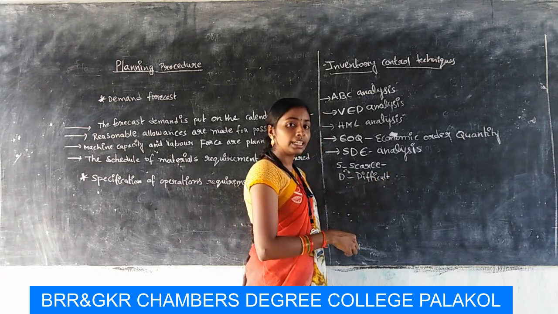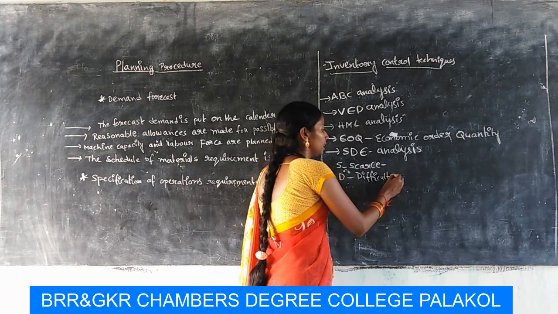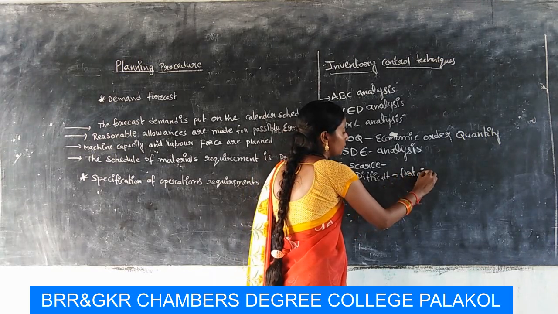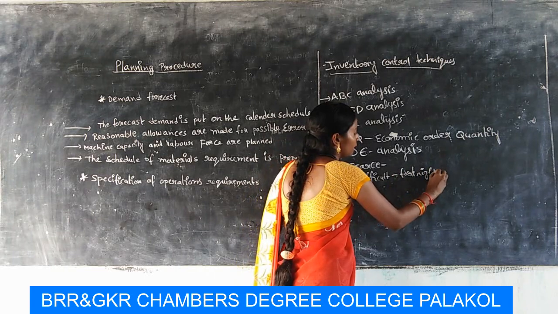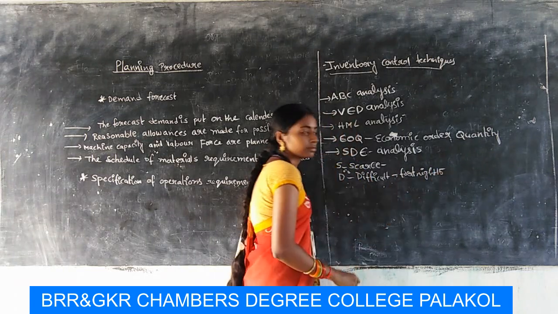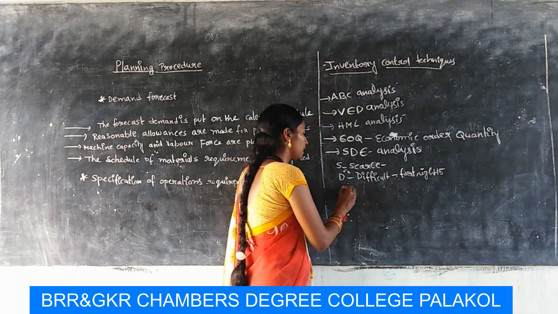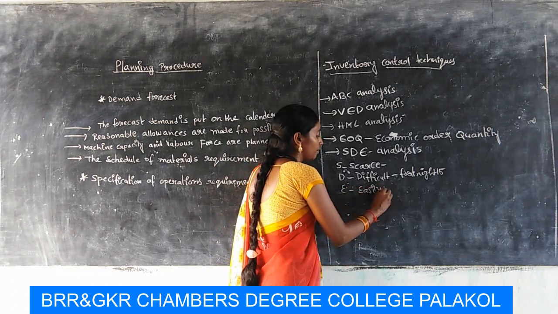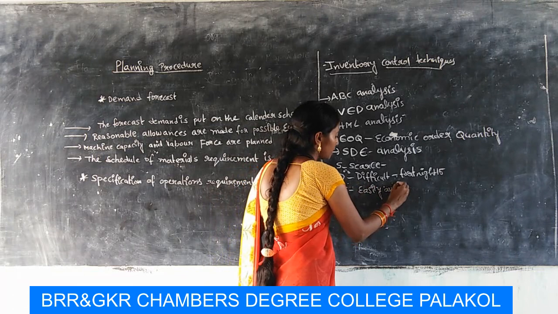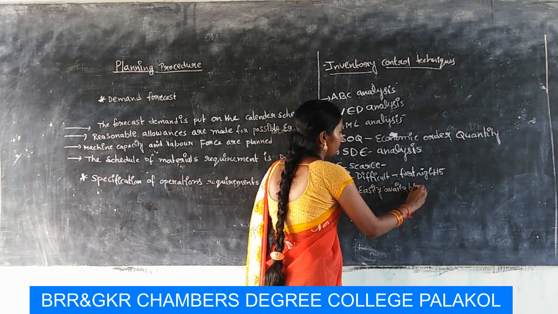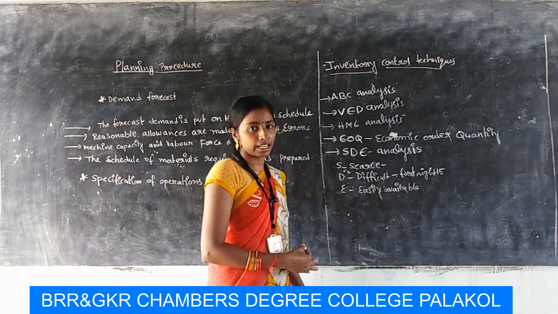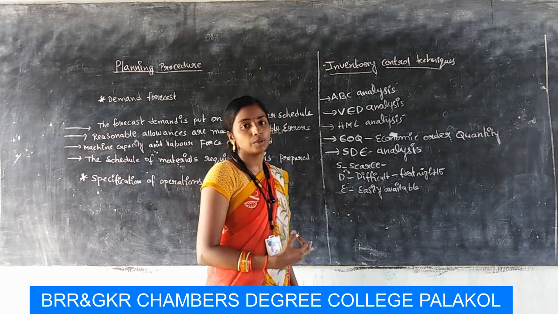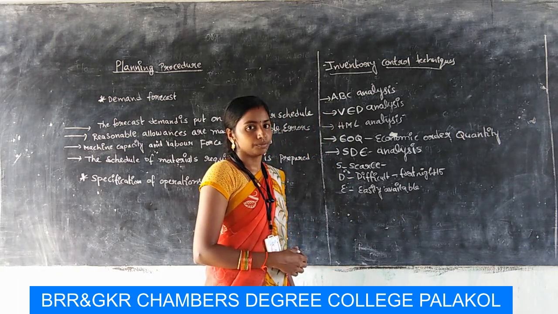Here the lead time of the inventory is a fortnight, which means 15 days. And next one, E stands for easily available. The raw materials or the inventory are easily available to the organization.